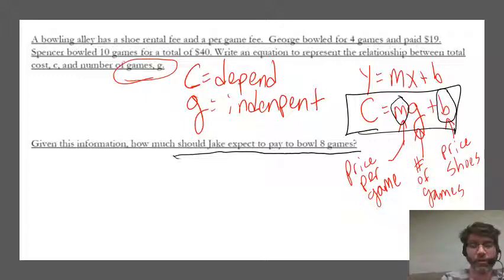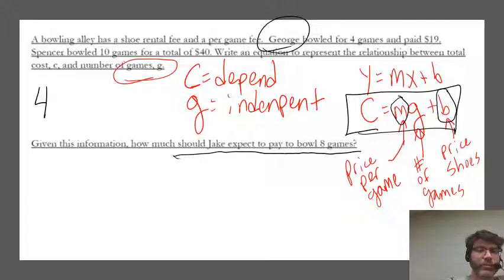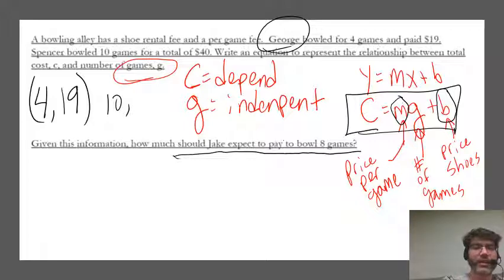Okay, so we first need to figure out what our slope is. Remember, we always need to come up with 2 sets of coordinates, okay? So we already said that G is the independent variable and C is the dependent variable. Okay, so let's look at George. George is bowling 4 games, so that's independent variable of 4, and then he paid $19. So 4 comma 19 is a point, and then as you can guess, Spencer, 10 games, and it costs $40.